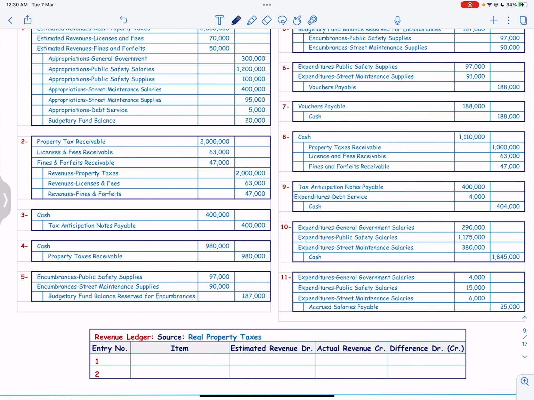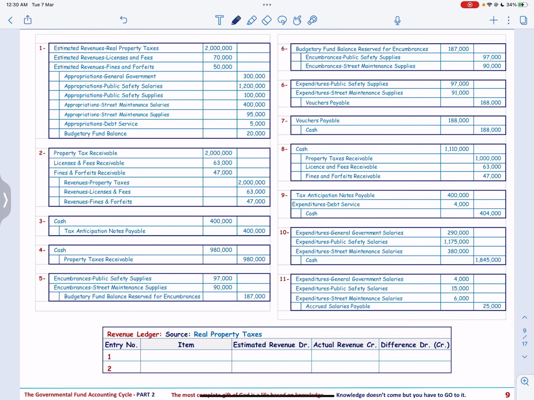Now, for real property taxes, if you look here on the top, we have real property taxes of 2 million. So this is the budgetary amount, the estimated revenue was 2 million, and the difference is going to be recorded over here as 2 million.